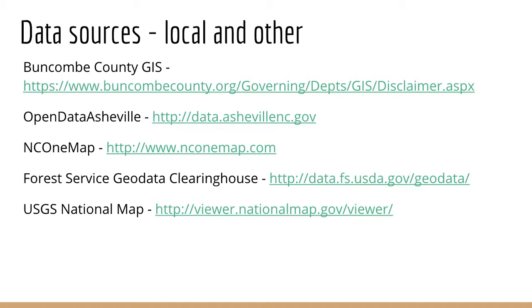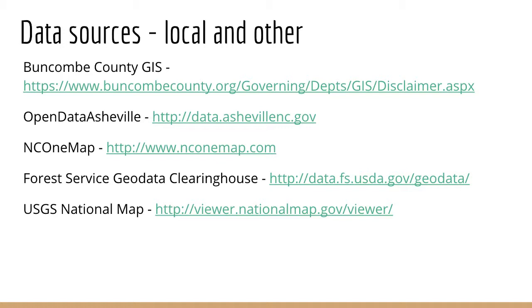And then some federal data sources. The Forest Service has a geodata clearinghouse. The USGS has a similar geospatial portal where you can download data. There are hundreds of others. Locally here, the Metropolitan Sewer District has a lot of GIS data, and I haven't looked really recently, but you used to be able to stream data from their GIS servers directly into ArcMap, so you could consume their data through the internet.